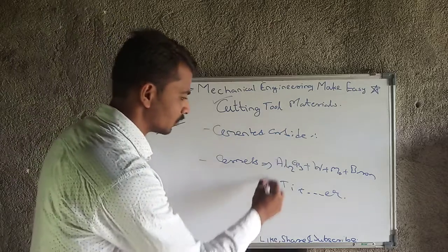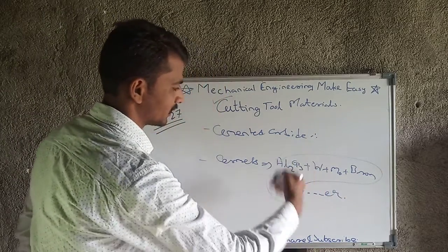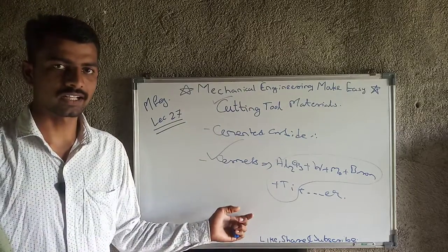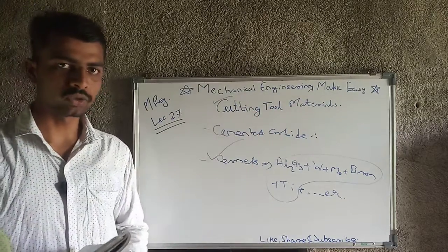Generally we combine these elements to form cermet. This is also a kind of material that we use for cutting tool manufacturing.